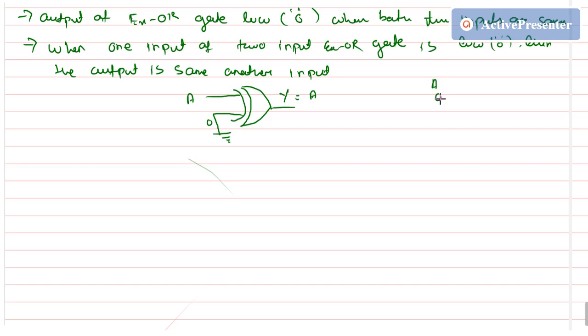A can be either 0 or 1. If A is 0, both the inputs will be 0, both the inputs will be the same and the output will be 0. So here the output is 0, so it equals A. Again if A equals 1, the inputs will be 1 0. Now both inputs are different, so your output will be 1 here, which is again equal to A. So in both cases the output is the same as the input you are giving.